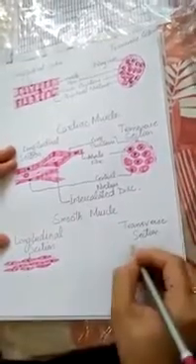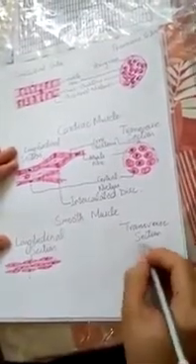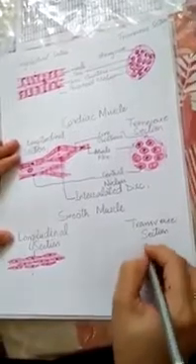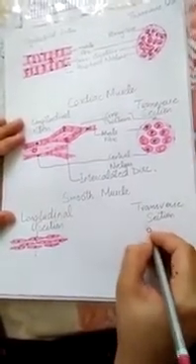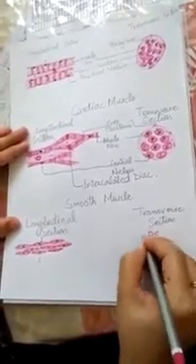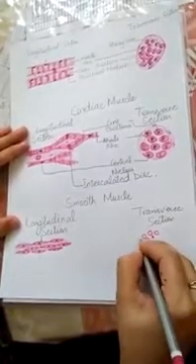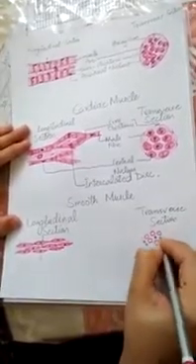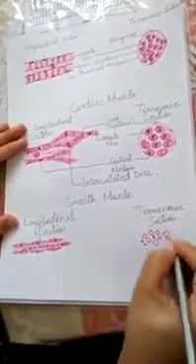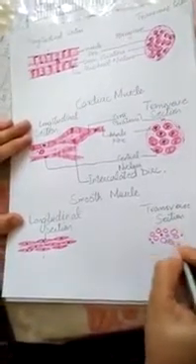So this is the muscle fascicle. In this muscle fascicle, we have different sizes of muscle fibers in the transverse section.